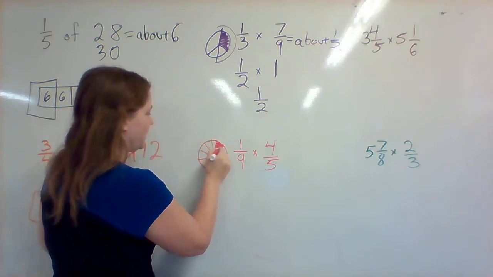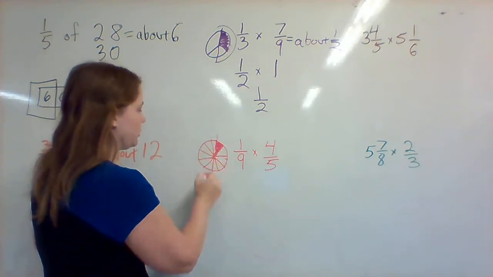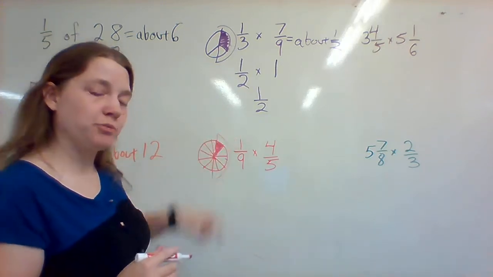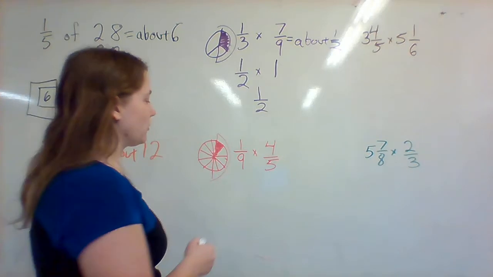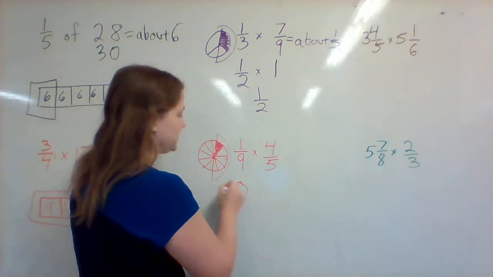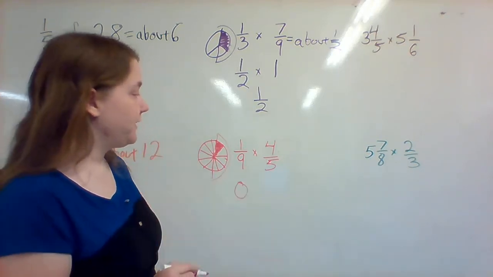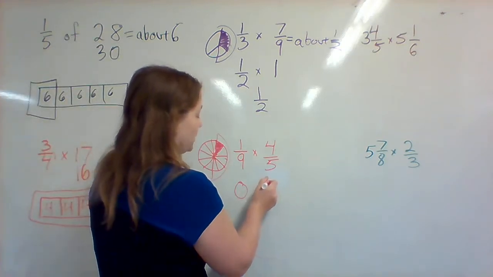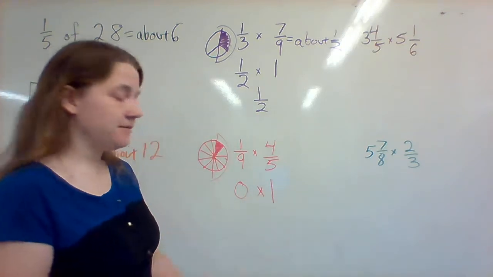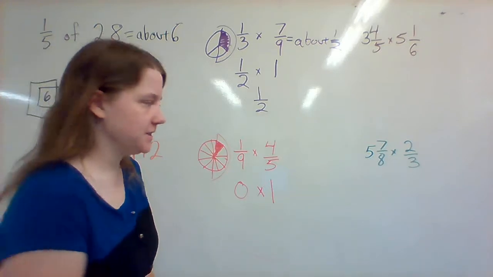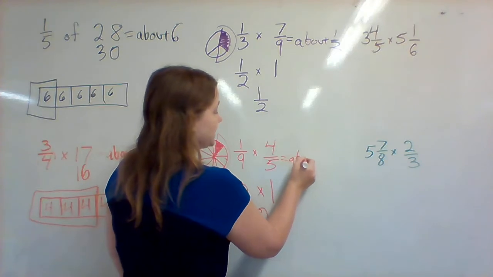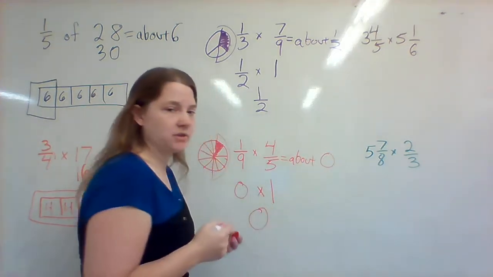So if I have 1/9, you can see that that's nowhere close to 1/2. 1 is super far away from 9, so I'm going to round 1/9 to 0. 4/5, on the other hand, 4 is really close to 5, so I'm going to round that to 1. So I have 0 times 1. Well, 0 times anything is 0. So 1/9 times 4/5 is actually going to be about 0.